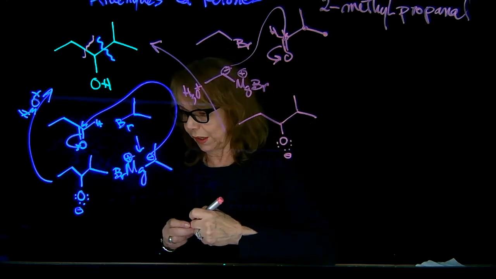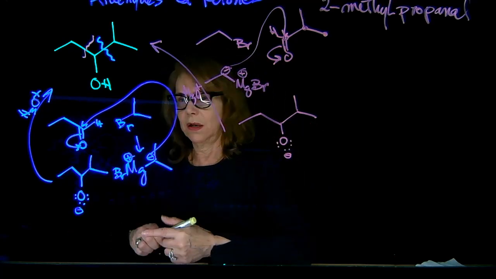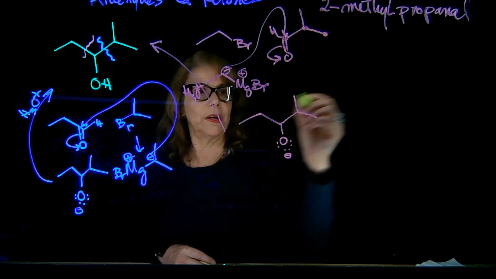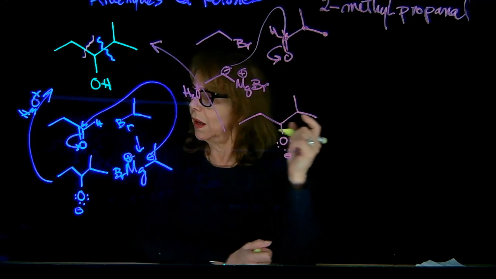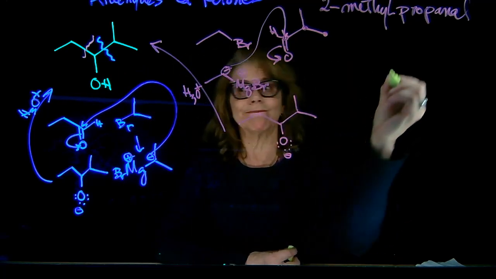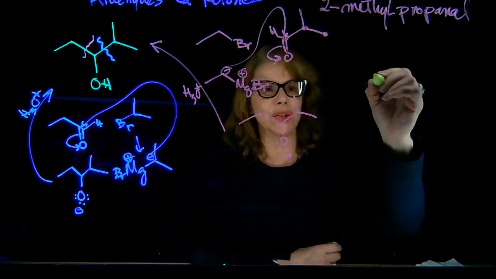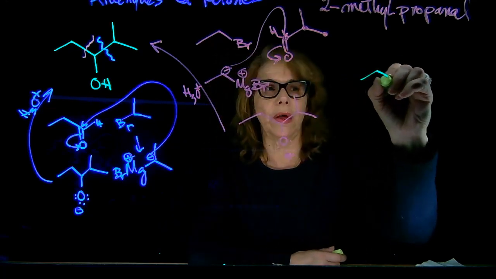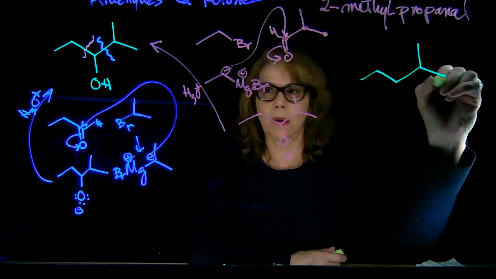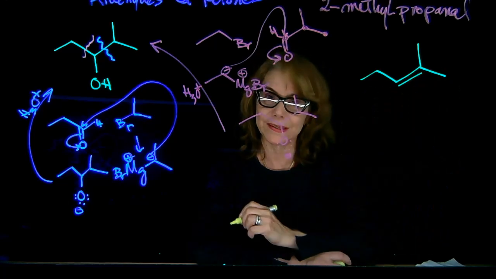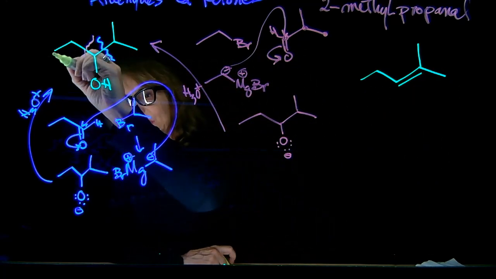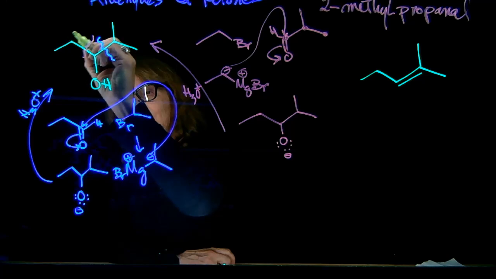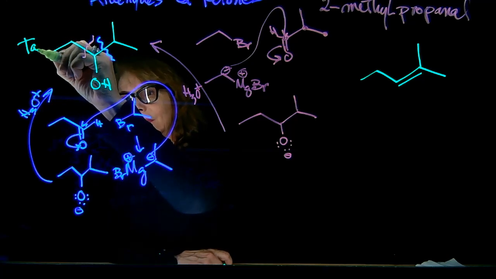There's still another way in which we can do this. So now I'm going to imagine this alcohol coming from an alkene in that I do hydration. So if I do that, we'll put, for example, this alkene. So I'm starting, say, here. That's my target.